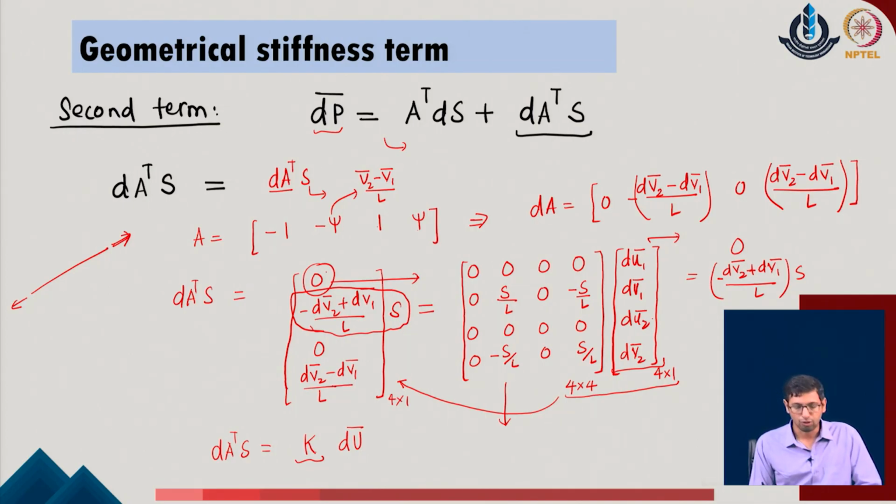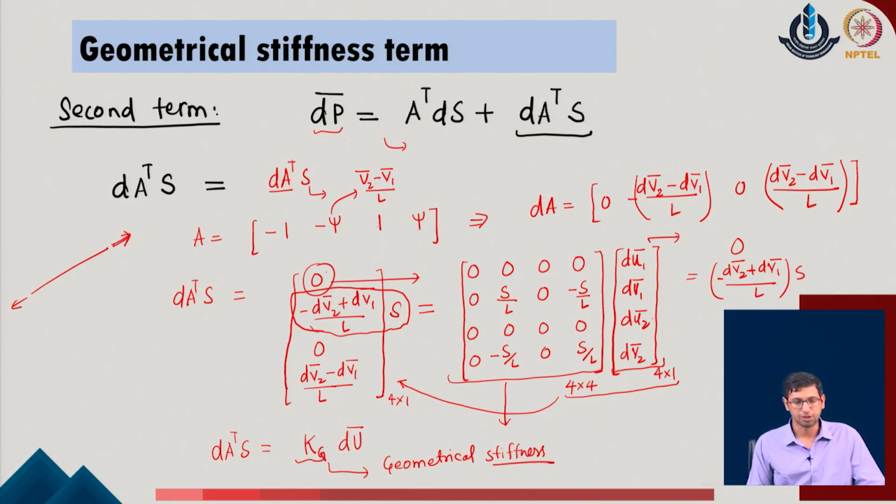But as this is not a regular stiffness of the system, I call it K of G in the given problem, and we consider that this is the geometrical stiffness of the given problem. We'll talk about the physical significance of these individual terms, but what we have now got from the overall system is that this overall term, which is written over here, is the geometrical stiffness contribution of the system.